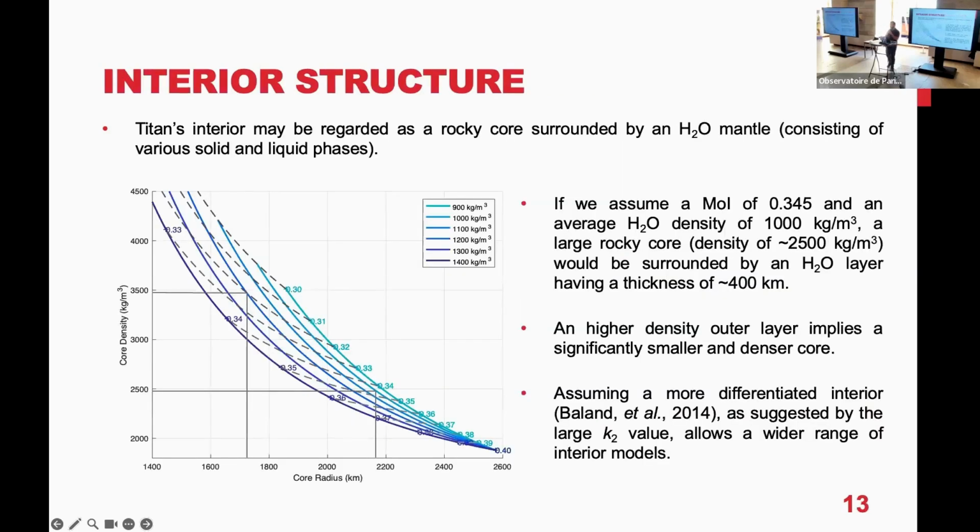So if we assume a pretty simple structure with a central rocky core surrounded by a water layer, which includes different phases of water at different pressure and temperature, so just an average layer, and we assume a moment of inertia of 0.345 and a density for the water of 1,000 kilograms per cubic meter, we obtain a shell thickness of 400 kilometers.